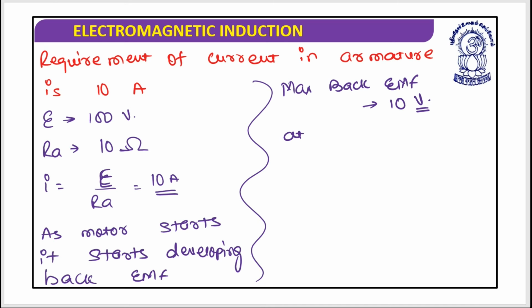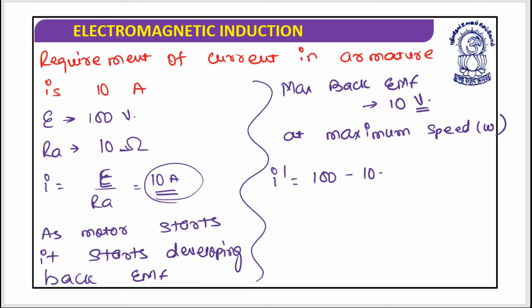This is at maximum speed omega. So now the situation will be, you were expecting this current, and what you are getting is 100 volt minus 10 volt divided by armature resistance, which is 10, which equals 9 ampere. So your requirement is 10 ampere, you are getting 9 ampere. So your performance will decrease, and this motor will no longer work for you in an effective manner.